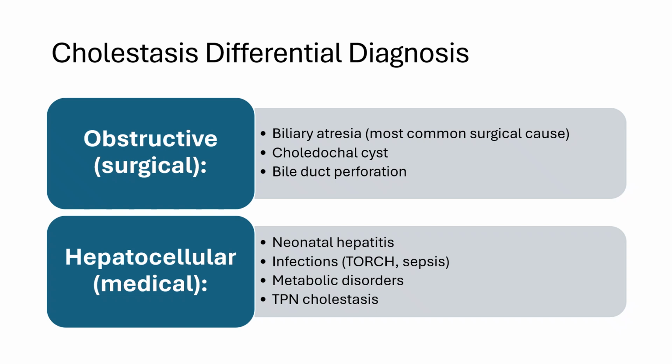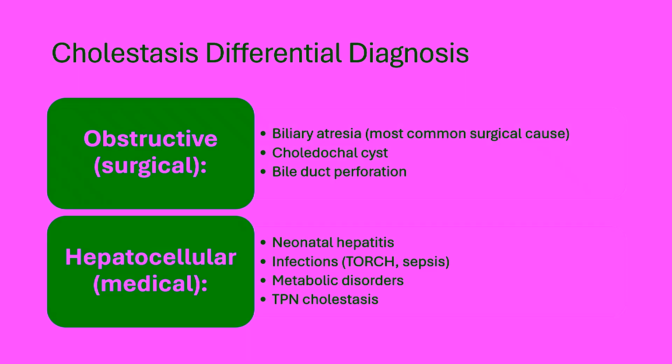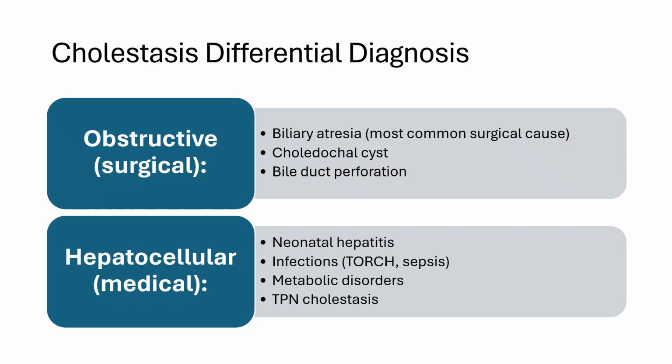Hepatocellular causes encompass infectious, metabolic, and inflammatory etiologies. Neonatal hepatitis remains a diagnosis of exclusion with fluctuating bilirubin levels and systemic features. Infectious causes include bacterial sepsis, urinary tract infections, and the TORCH complex. Each requires specific testing and treatment approaches.